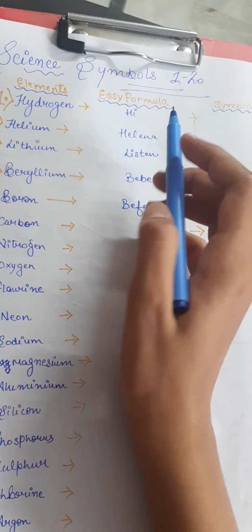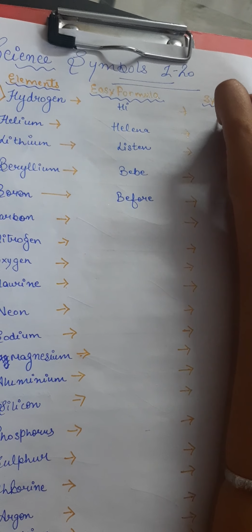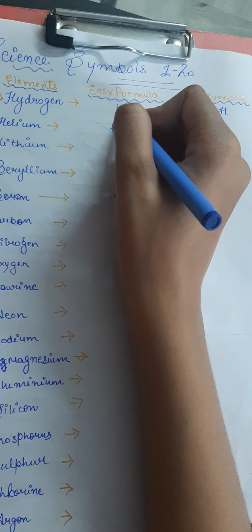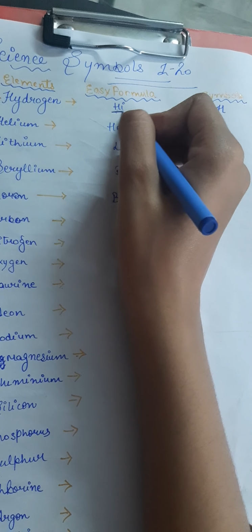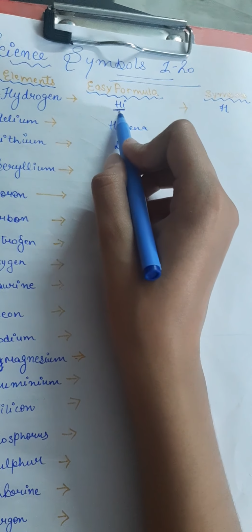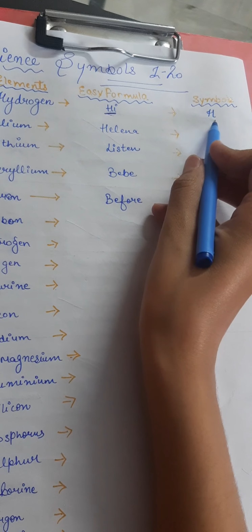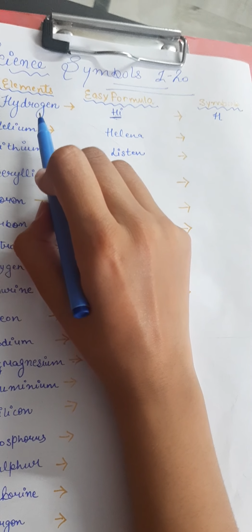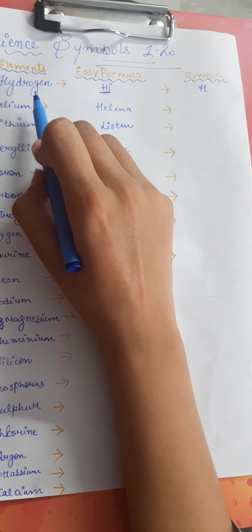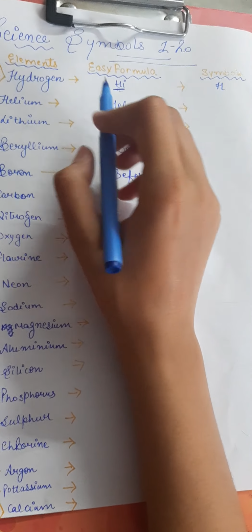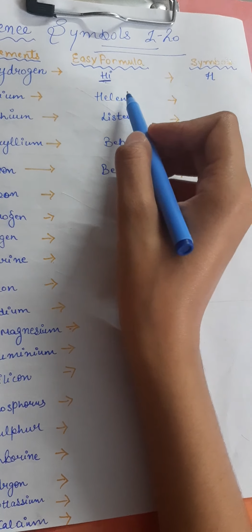The symbol of hydrogen is H. We have just taken the first letter, H. Then helium.